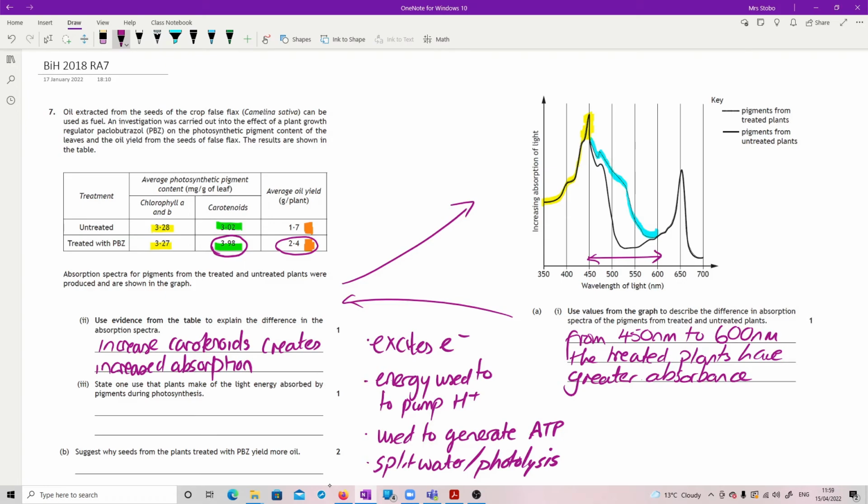That's all we're looking for, which could be made into oil. Sorry, that would be your second. So the greater amount of carotenoids means you've got increased absorption, which means you have increased energy available for production of carbohydrates, which can then be used to produce oil. And that's your question.